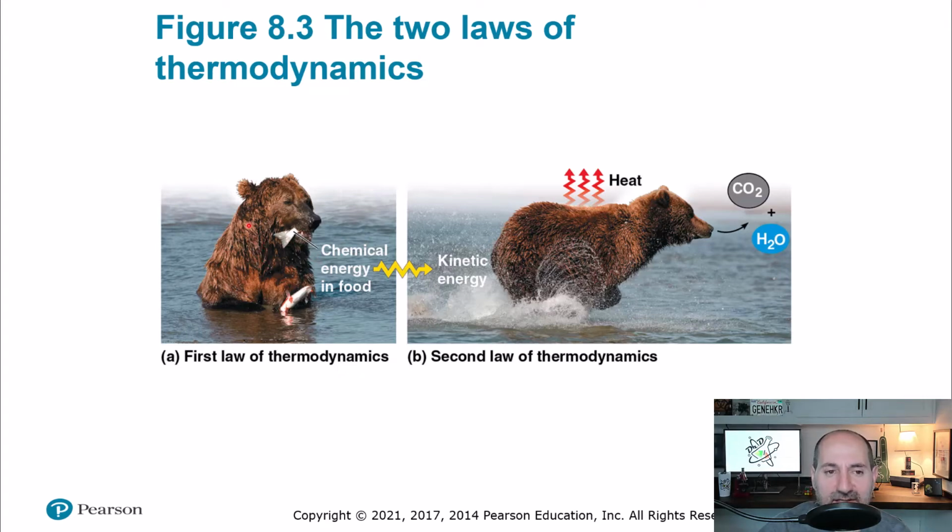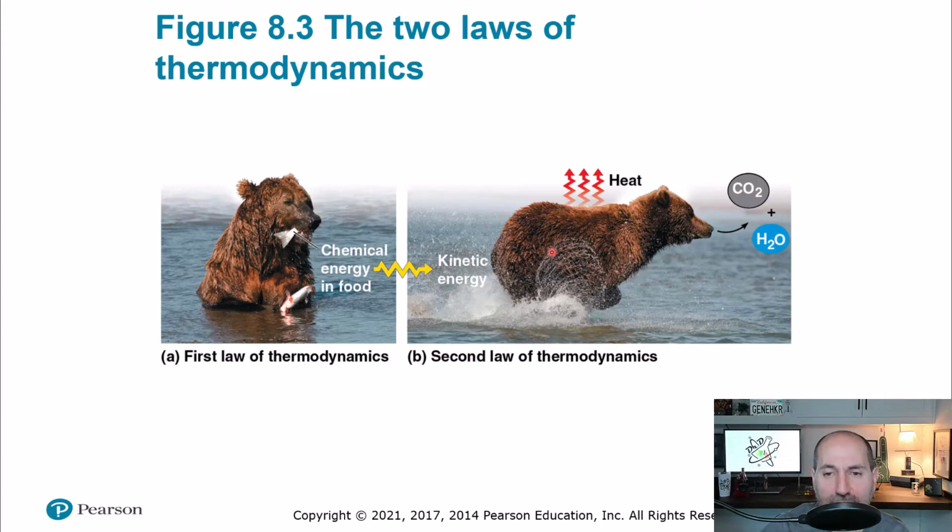The bear has to seek out nutrition, right? The bear has to seek out chemical energy in the form of food, right? To eat fish, to obtain sugars and fats, chemical energy. And the bear will then use that chemical energy, remember, which is in the form of sugar and fat. And the bear's body will change that sugar and fat into ATP energy.